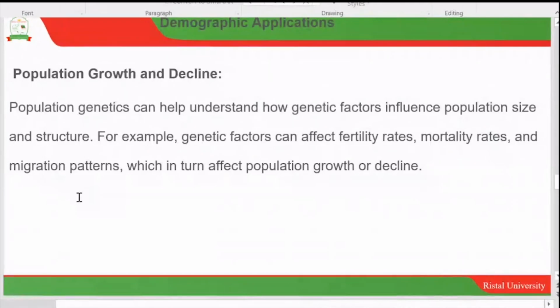In demography, you will see certain genetic compositions where reproduction leads to triplets or quadruple births. So these are all genetic compositions.